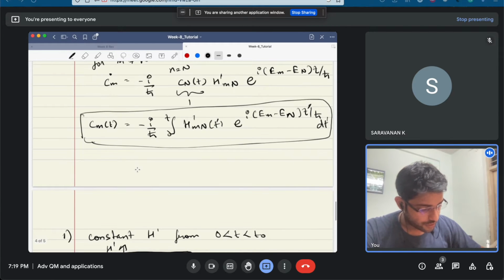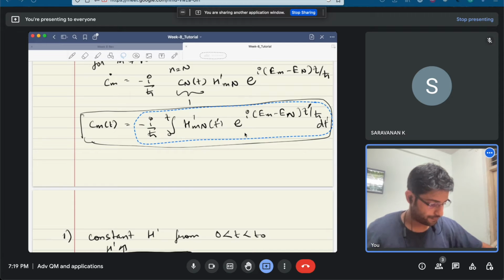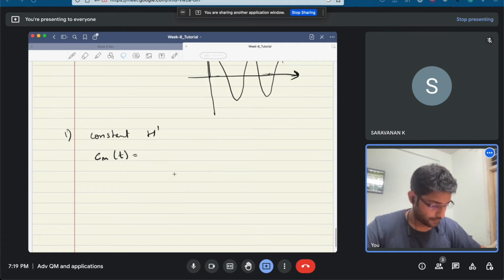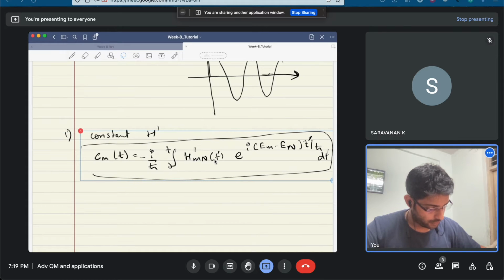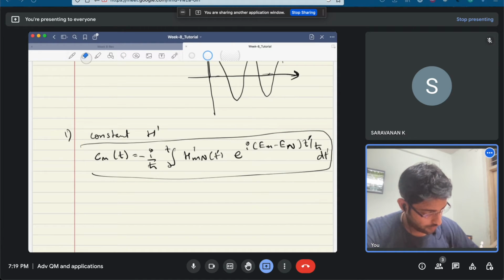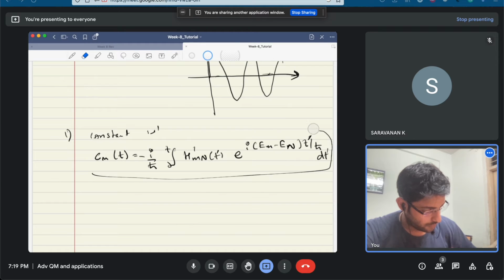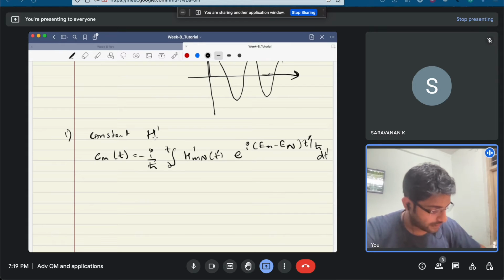We have this expression here, we can copy paste, and everywhere we just replace the small m's with capital M's.